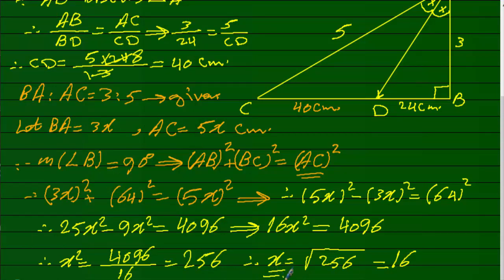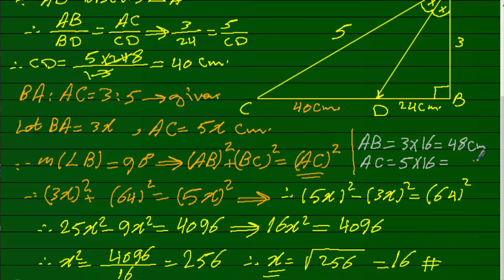So x equals 16, and now we have AB. AB equals 3 multiply x, it is 3 multiply 16, which equals 48 centimeters, and AC equals 5x, right? So 5 multiply 16 equals 80 centimeters.